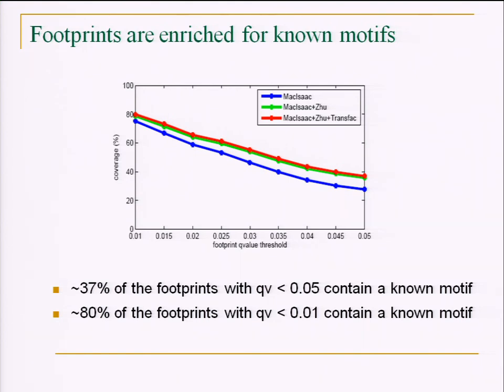We used different sets: motifs from the experiment, and the motif library derived in vitro by correlation, and also these ChIP-seq motifs. We could observe that as the Q value cutoff becomes more stringent, a higher fraction of footprints contain a known motif. At the stringent 0.01 cutoff, actually 80% contain a known motif.